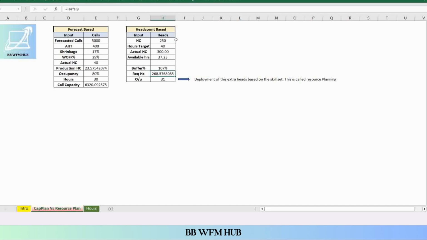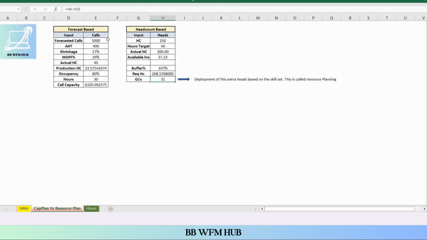That means the client is billing or providing us 250 heads, and the required heads is 268. Now we will check our overs and unders. The actual headcount is 300 and our requirement is 268. That means we have more heads than required. So 31 heads are extra heads that we have.